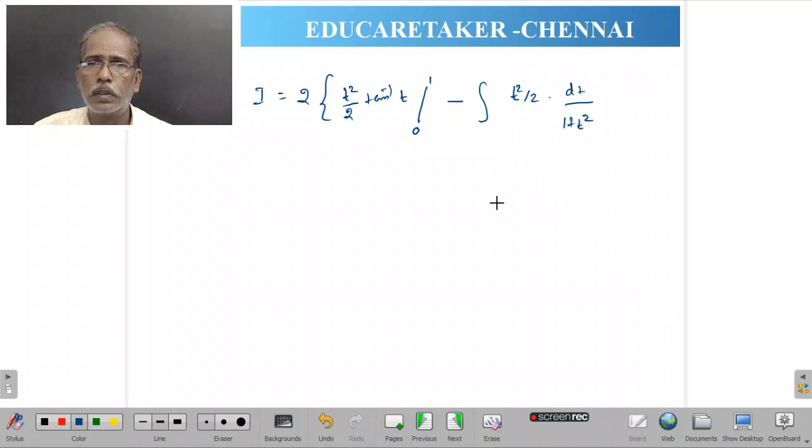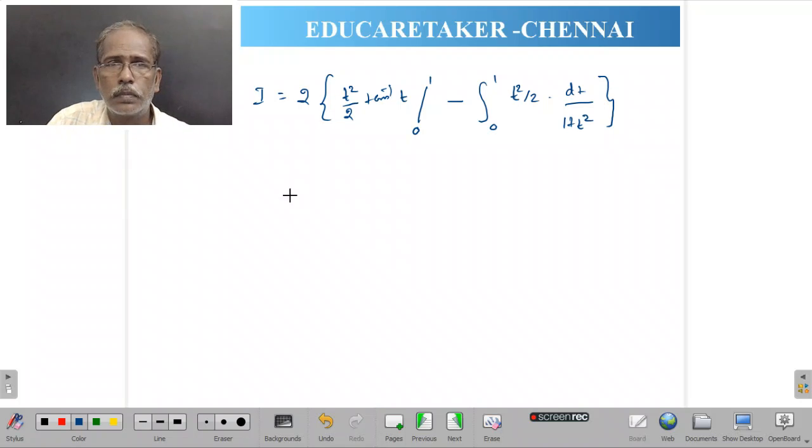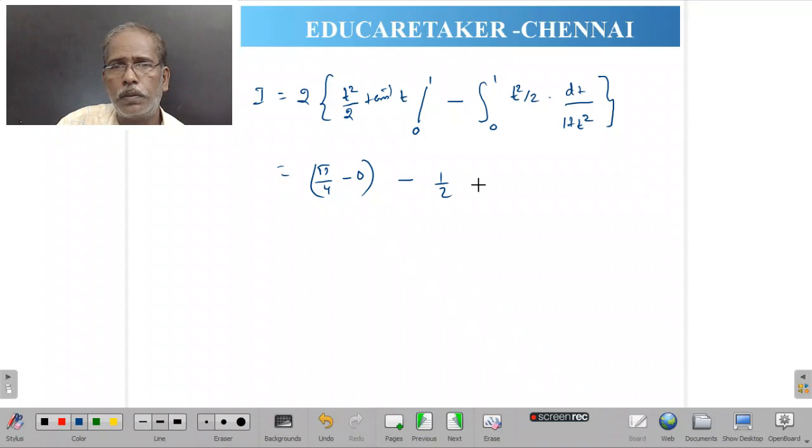Then the 2 by 2 cancel, applying upper limit t square 1, tan inverse of 1 is pi by 4, minus 0. Then minus, the 2 into t square by 2 cancel, minus 1 by 2 integral from 0 to 1.